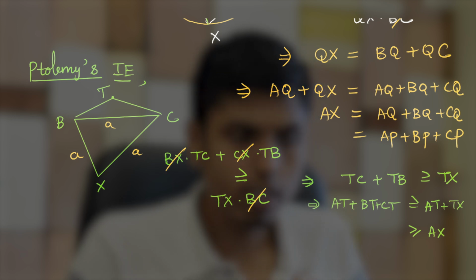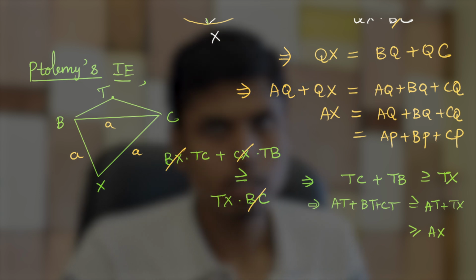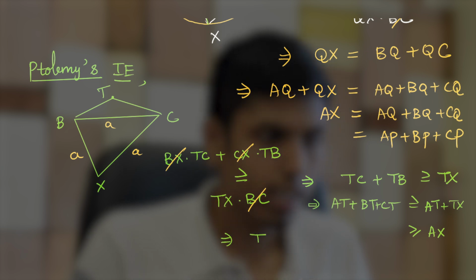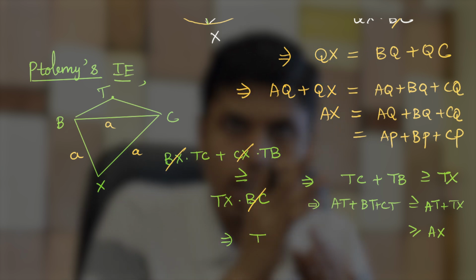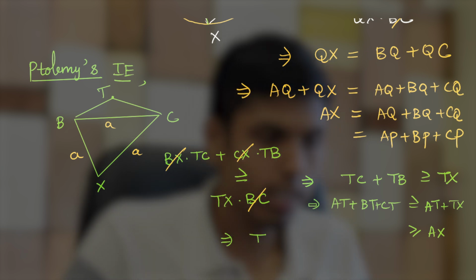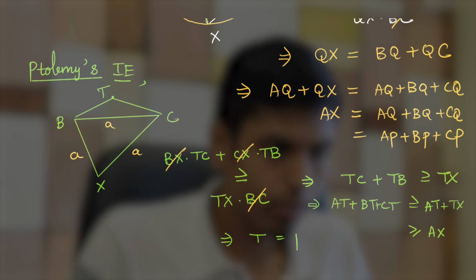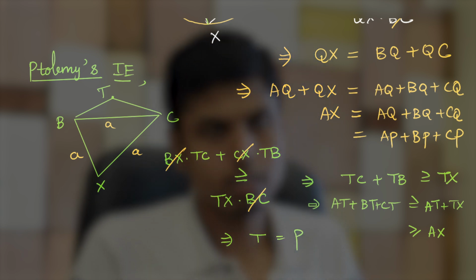And that happens when the point T lies on the circumcircle of BCX, and also that points A, T, X are collinear. And that happens when T is the intersection of AX with the circumcircle of BCX, which is equal to the point P that we were discussing.